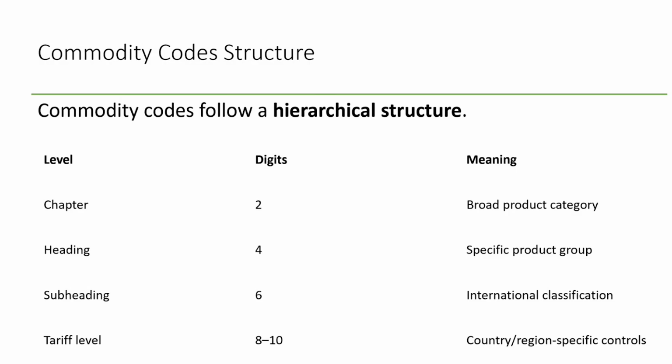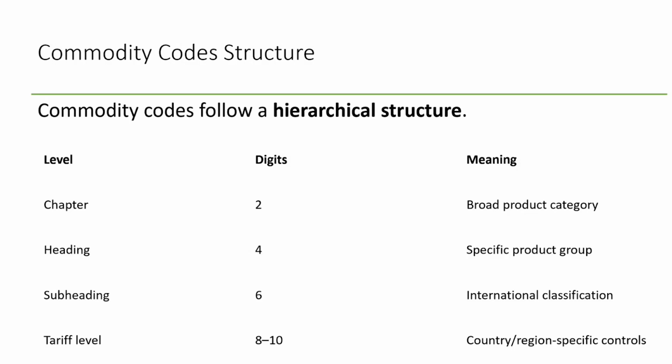So commodity codes follow a hierarchical structure. The first 2 digits are the chapter, the first 4 digits are the heading, the first 6 digits are the subheading, and then 8 to 10 are tariff level, right? So the chapter is a very broad category.